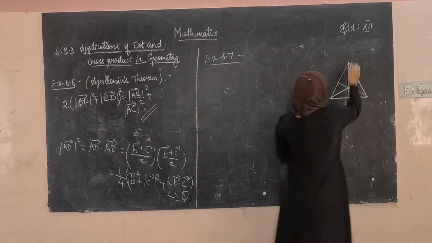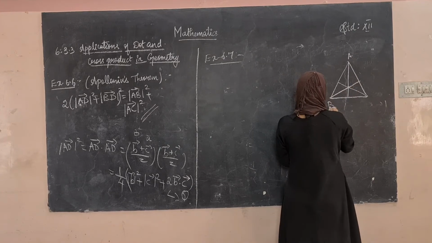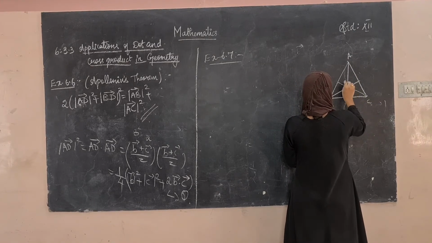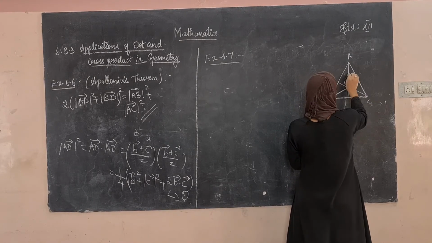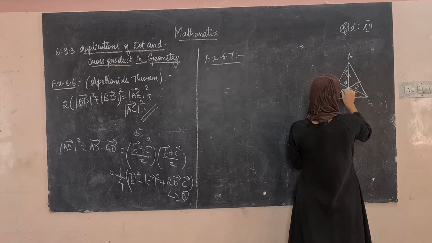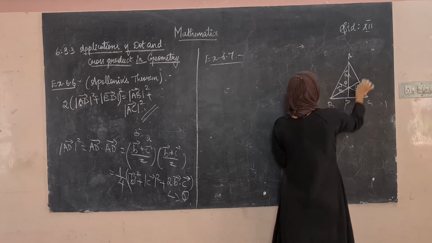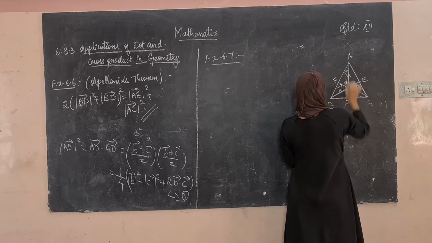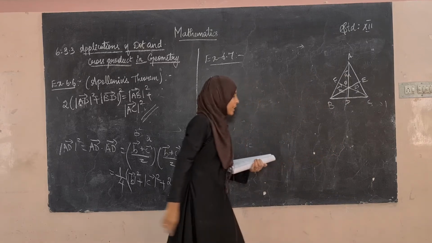Okay, so what's the diagram? Diagram is like this: A, B, C. This is O. This is going to be the A vector, this is going to be C vector, and this is going to be B vector. This point is D, this point is E, and this point is F. So you have to explain the diagram.